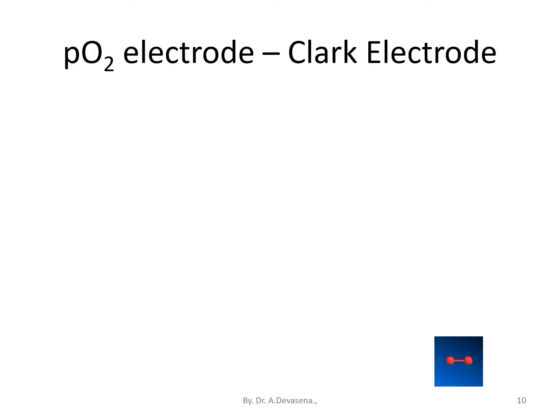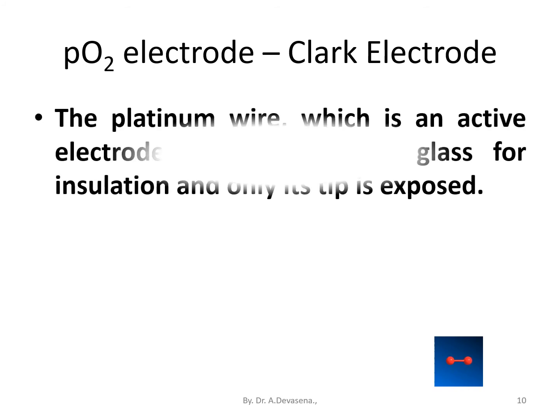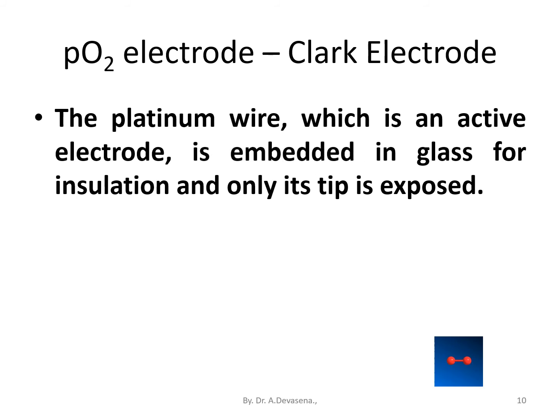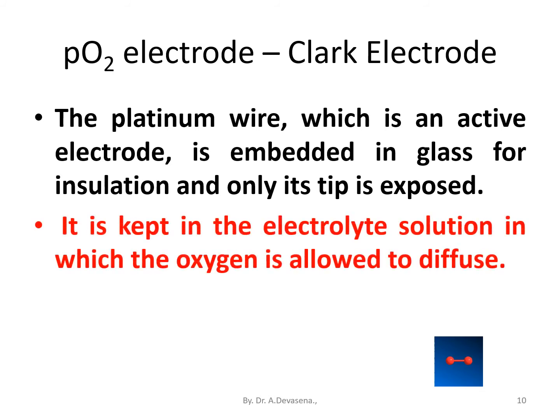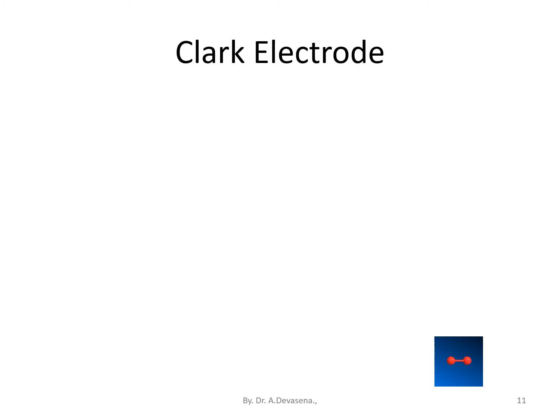PO2 electrode, that is the Clark electrode, we are going to discuss now. The platinum wire, which is an active electrode, is embedded in glass for insulation and only its tip is exposed. It is kept in the electrolyte solution in which the oxygen is allowed to diffuse. Here is a representation of the Clark electrode.